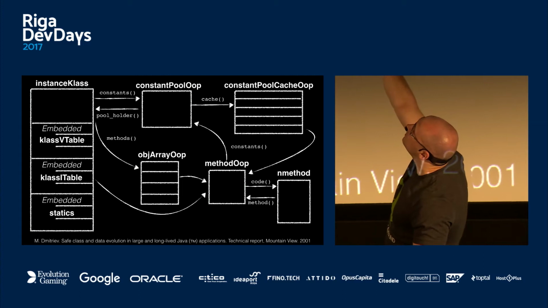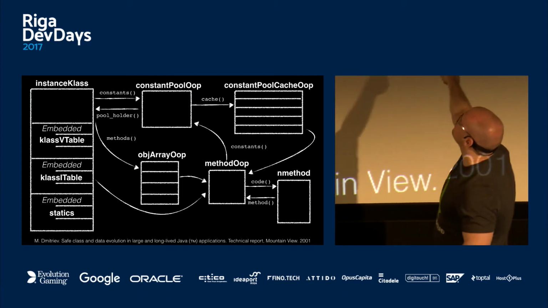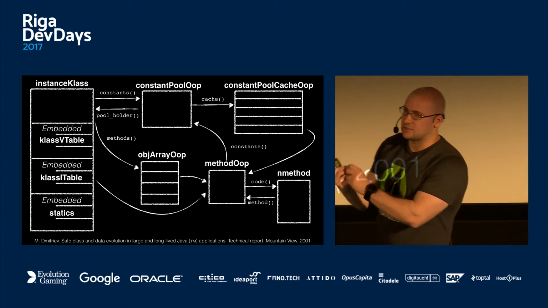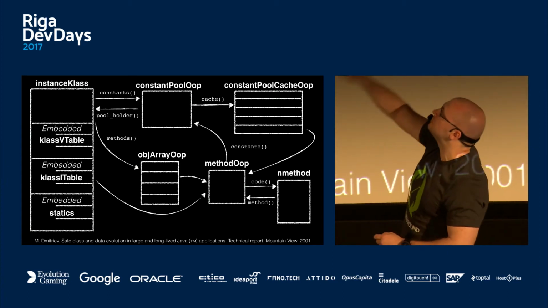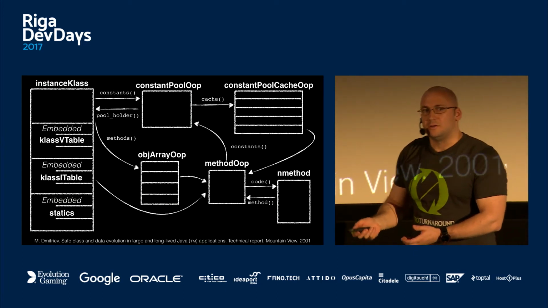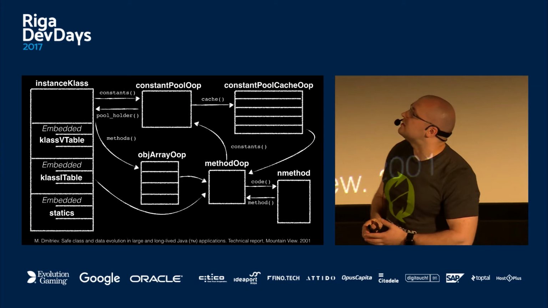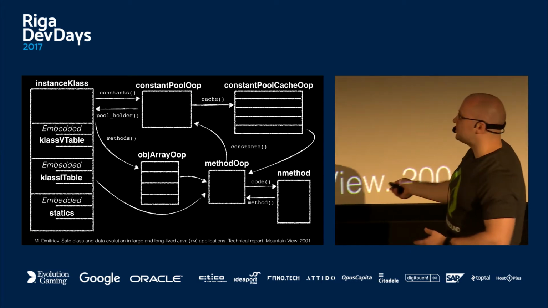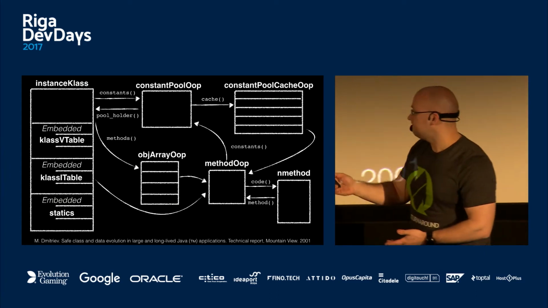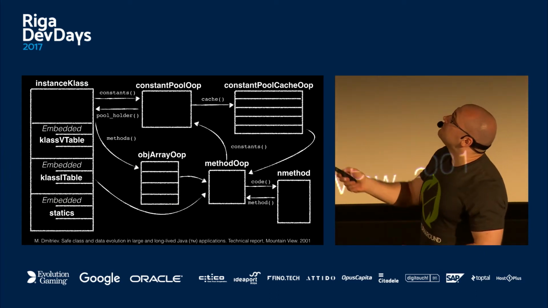Then I have to drop the compiled version of the method and recompile it afterwards, and so on. So you see, just adding one single statement actually affects the whole memory region. And if I wanted to do more, it's actually more complicated than this. And this is from 2001, and it's still like this today in our favorite VM.